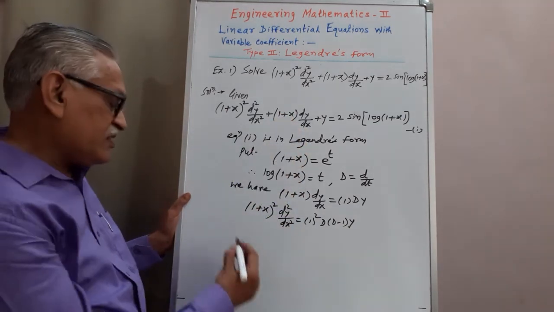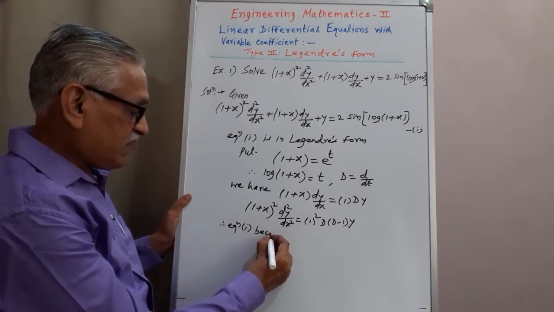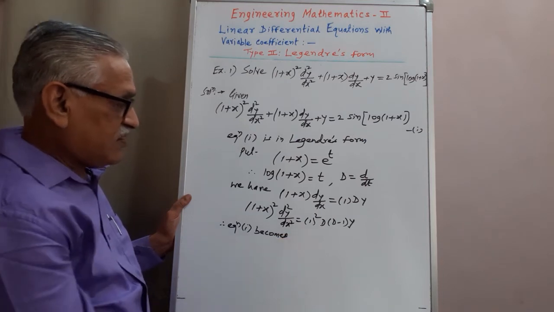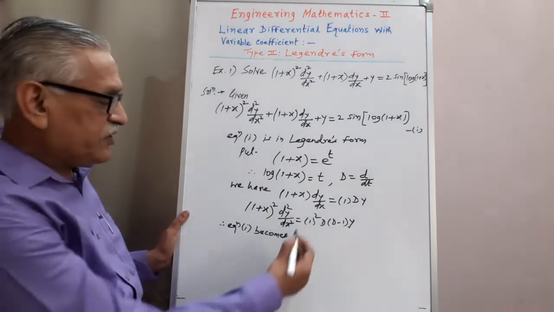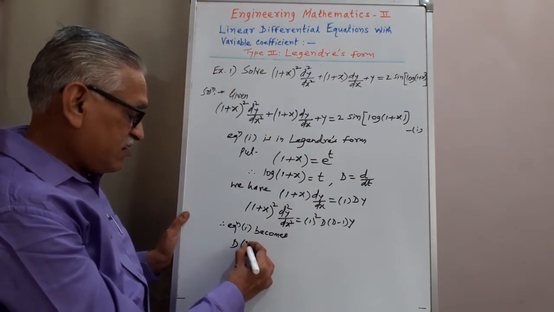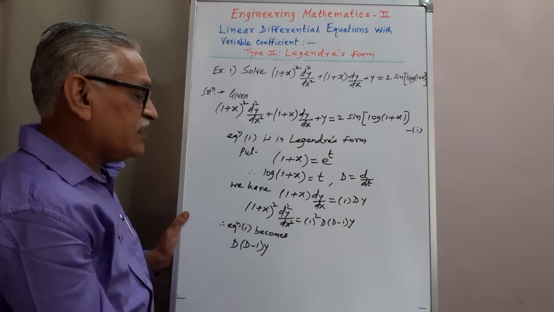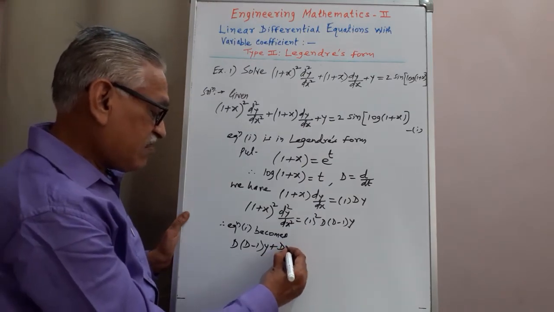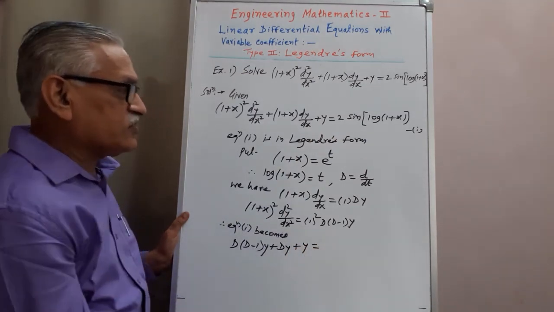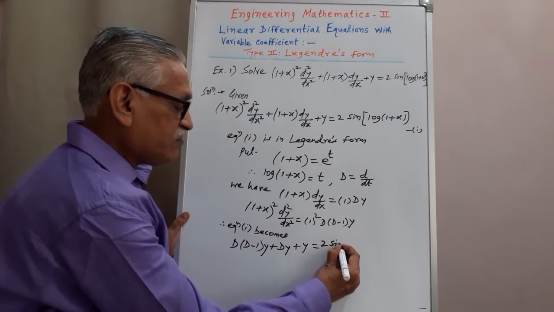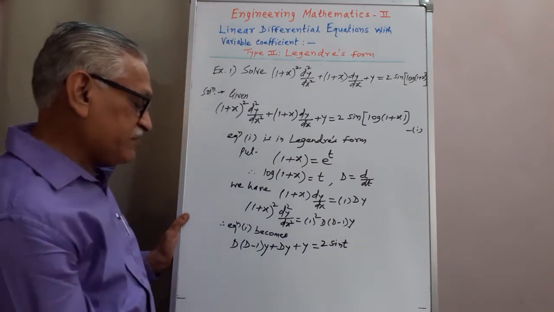Substituting this in equation 1, equation 1 becomes 1 plus x bracket square d2y by dx square, we replace it by this, therefore it is D minus 1 into y. 1 plus x dy by dx is Dy, and plus this y, equals 2 sine of log of 1 plus x, which is t, therefore it becomes 2 sine t.